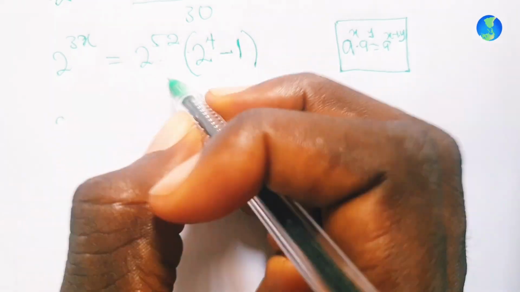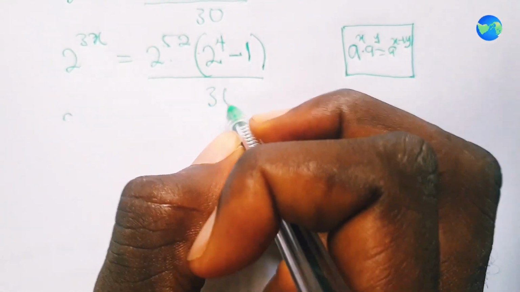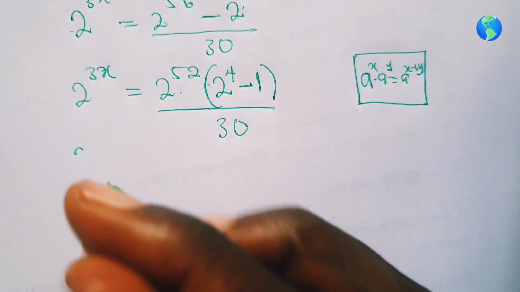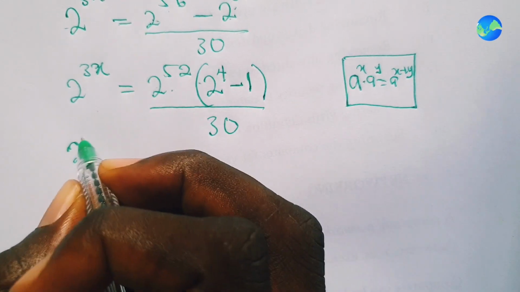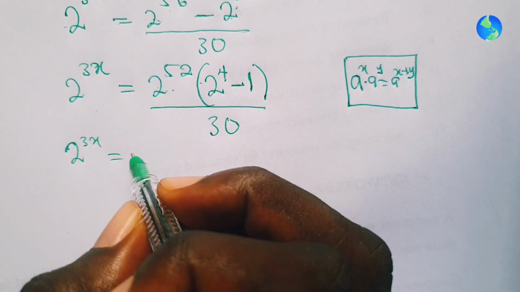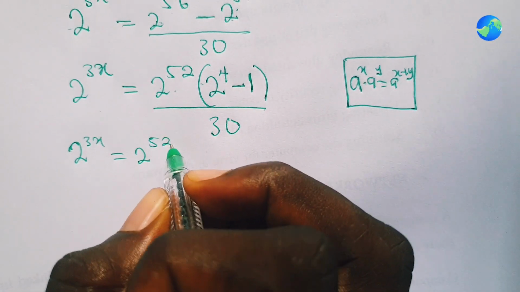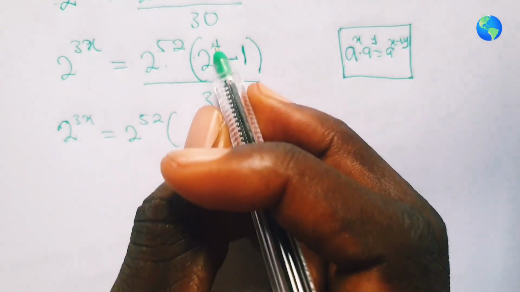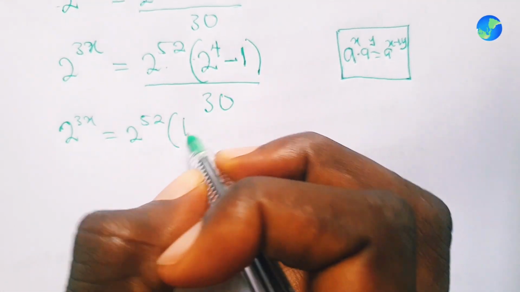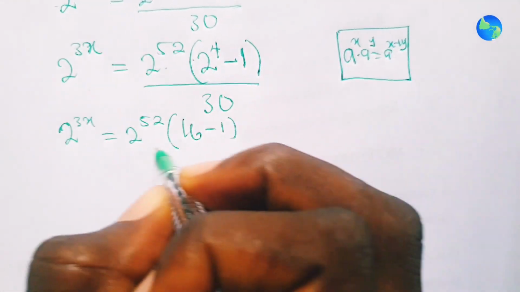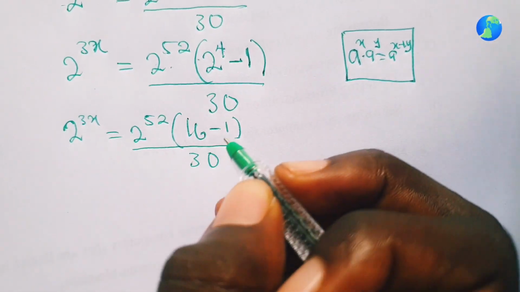This is over 30, so that we will have 2 power 3x is equals to 2 power 52 into 2 power 4, which is actually 16, minus 1, everything over 30.